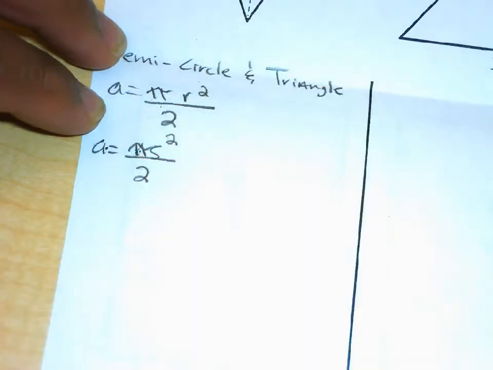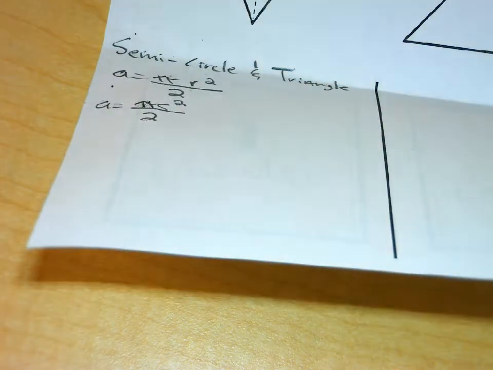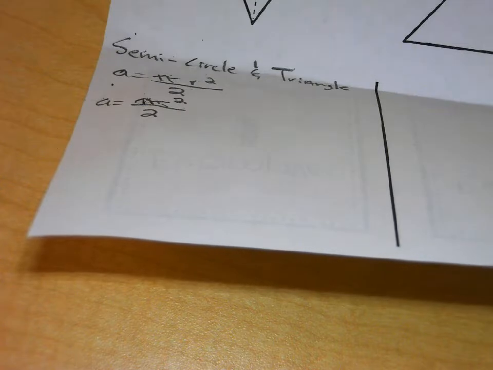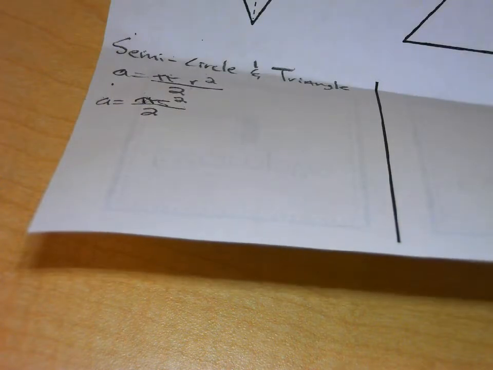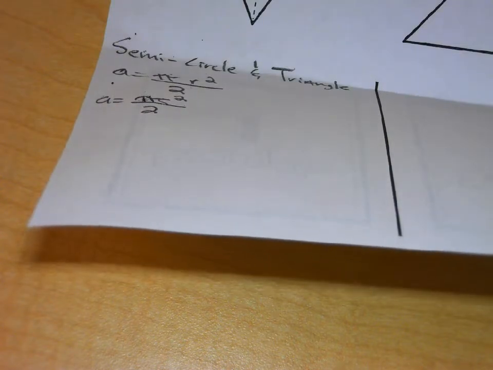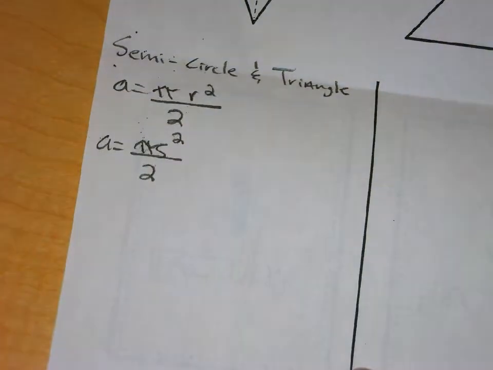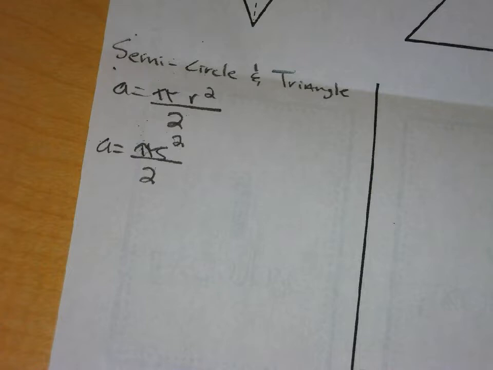So now we put in pi times 5 squared. What is that? 39.269. So it should be 39.25.